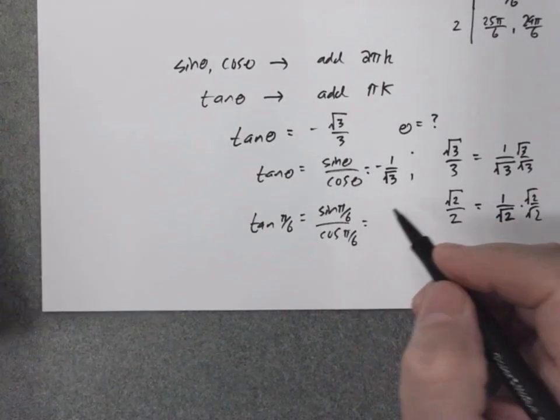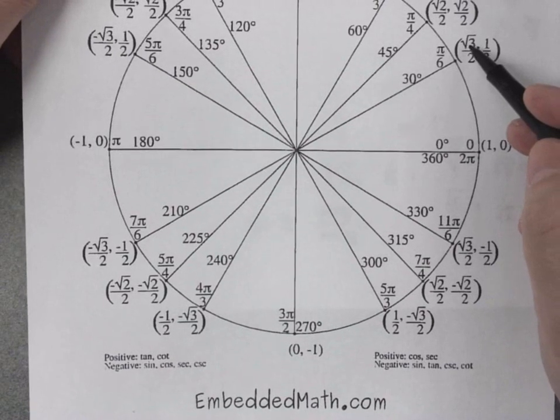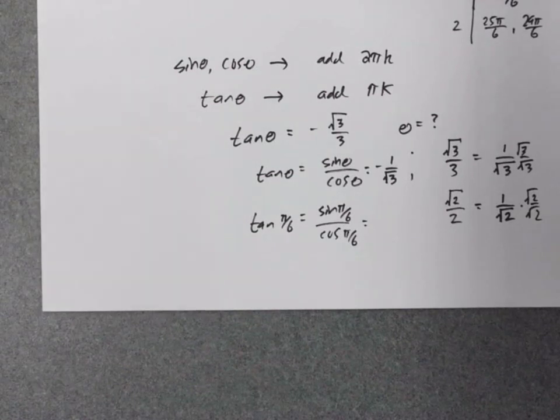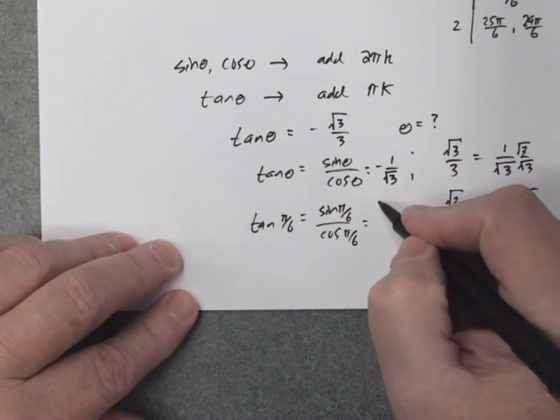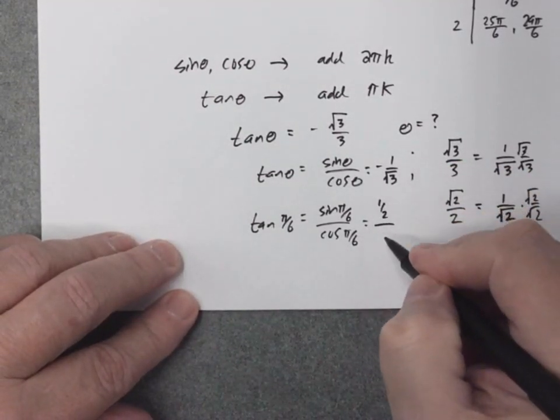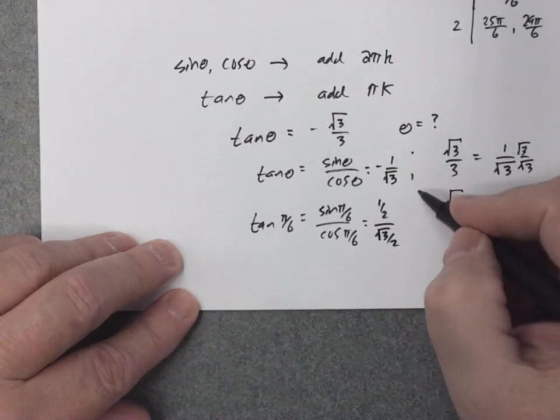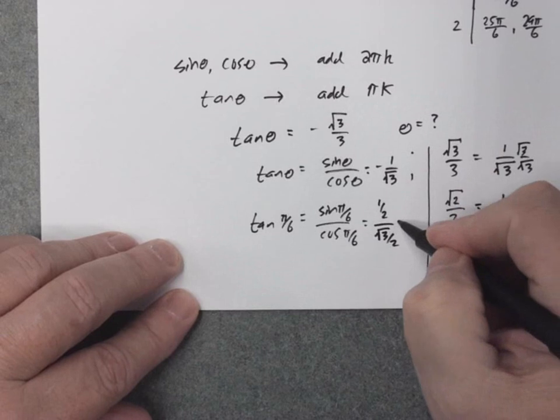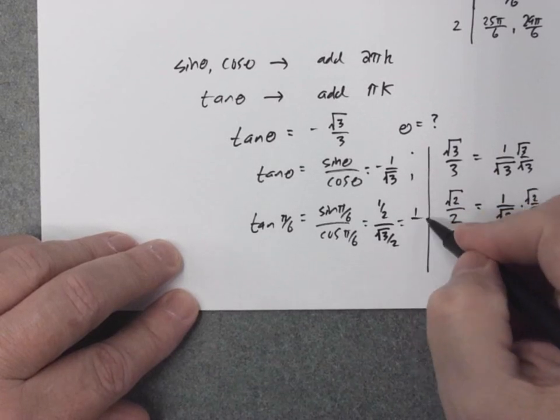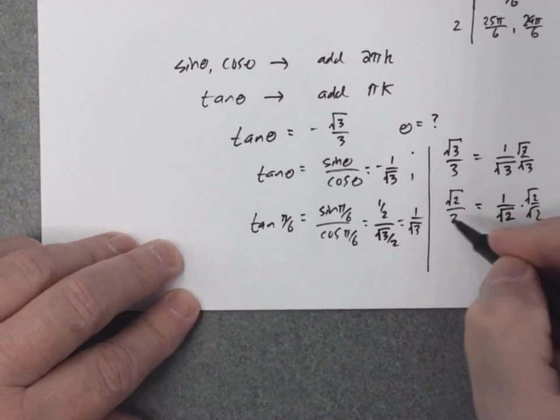If I go to my unit circle, here's the cosine, here's the sine. So the sine is 1/2. The cosine is square root of 3 over 2. You simplify this, you get 1 over square root of 3.